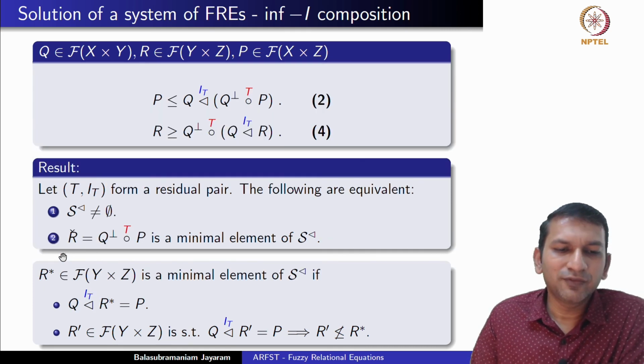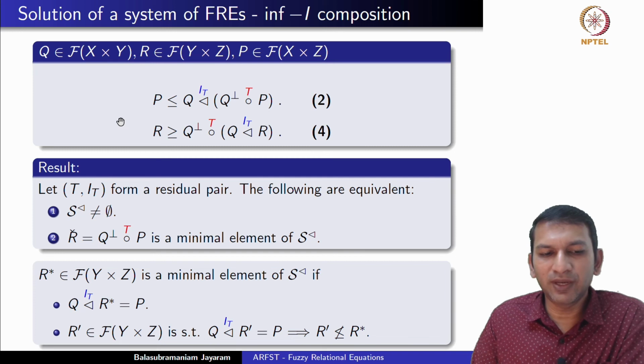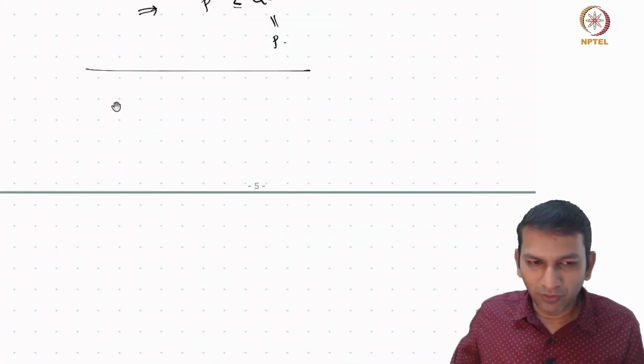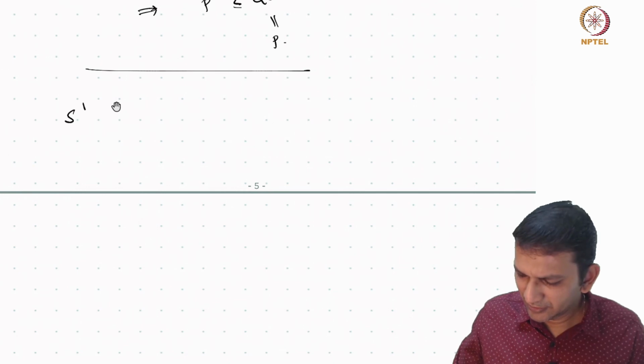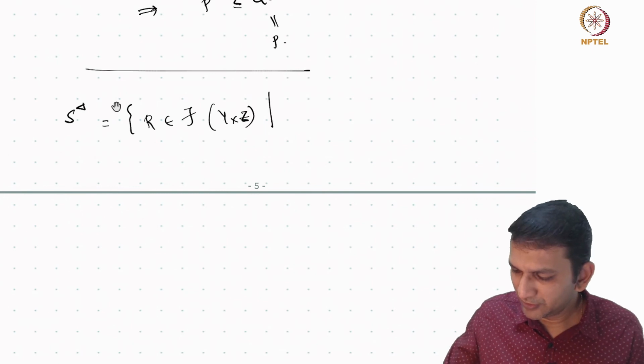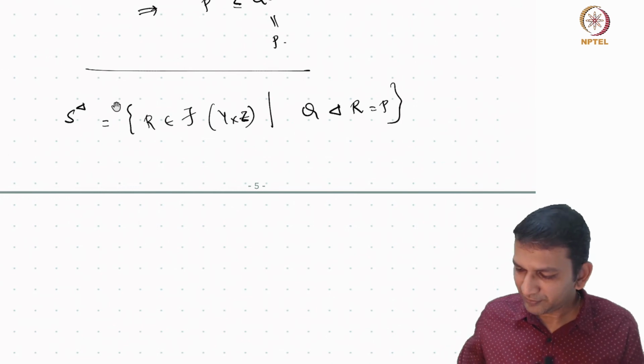To prove this, we will make use of the other two inequalities that we have considered. So, what we have is S delta, which is the set of all R element of F of Y cross Z such that Q delta R is equal to P. Of course, the I here is I_T.